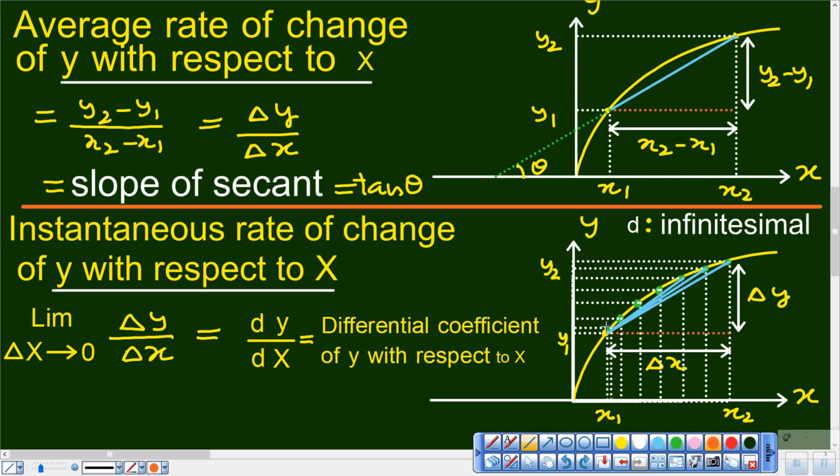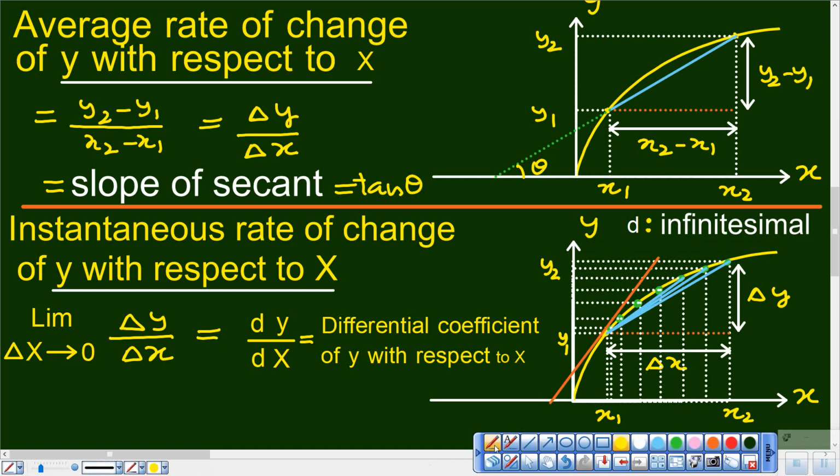Can't you see that as the point comes closer and closer, this would become what? Won't this become tangent to the curve? Can you see this very clearly? It would become the tangent to the curve at the point x1, y1, right?